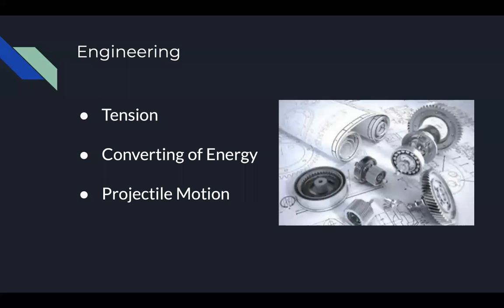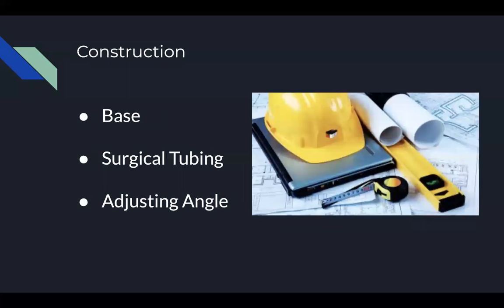Good evening. My name is William Walker, and I will be talking about the construction of this catapult. The topics I will cover are the base, the surgical tubing placement, and the adjusting angle. For the base, we built a base 30 inches deep, 15 inches wide, with a height of 22 inches.